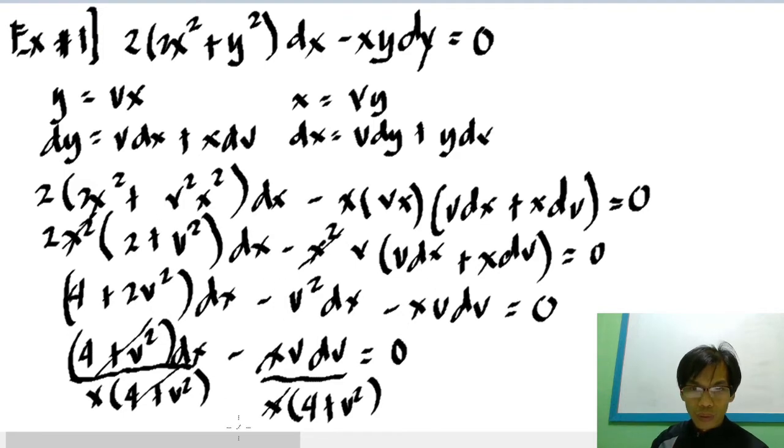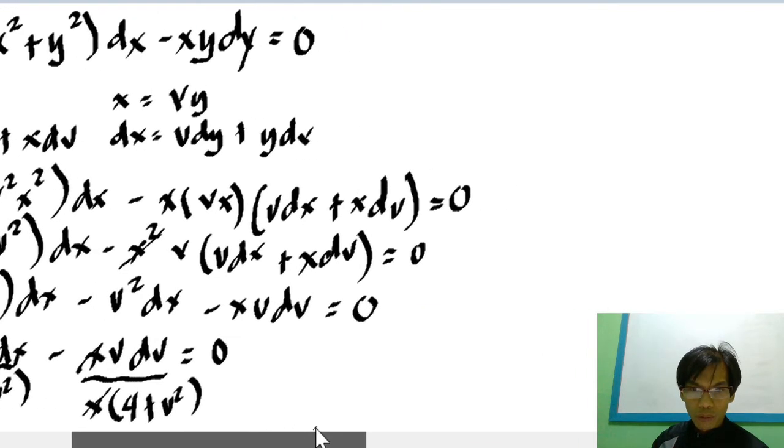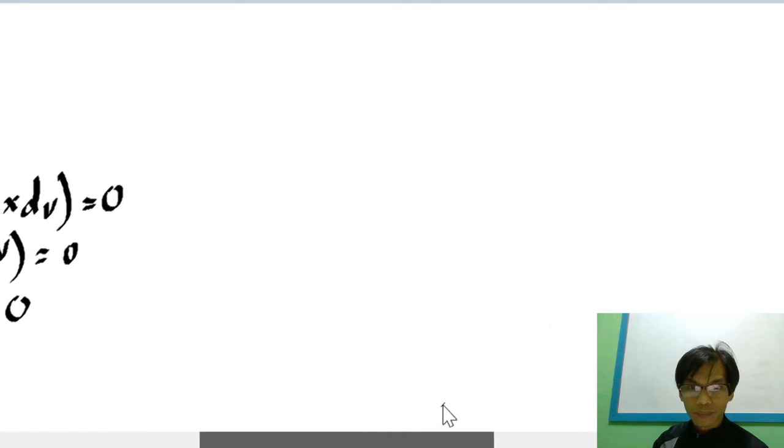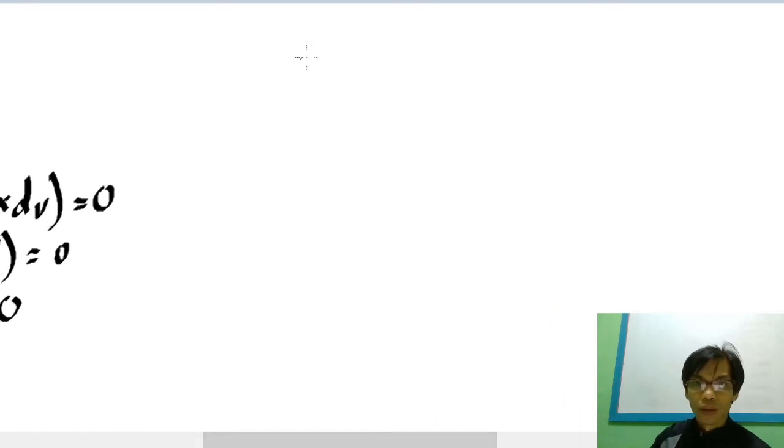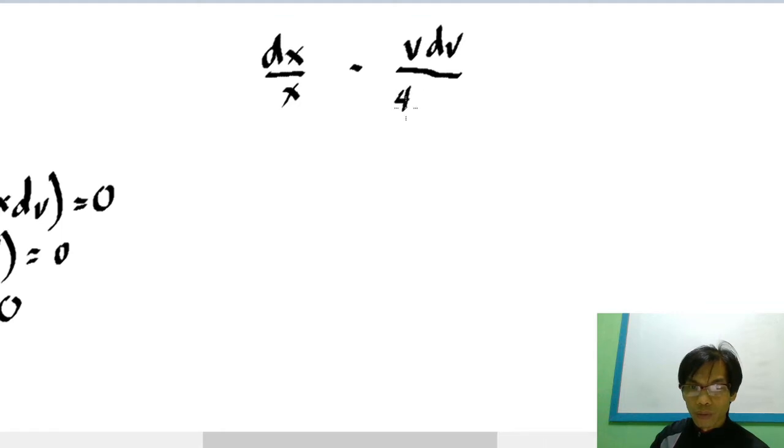So what happens is that we have dx over x minus v dv over 4 plus v squared, and that is equal to 0.